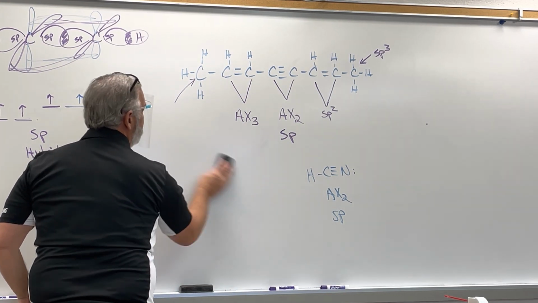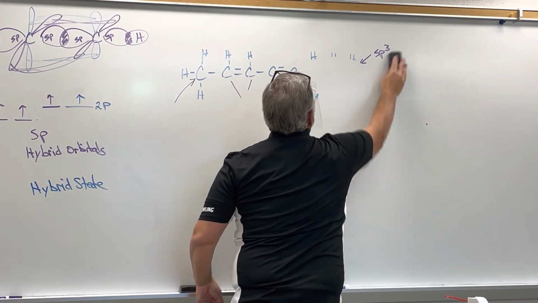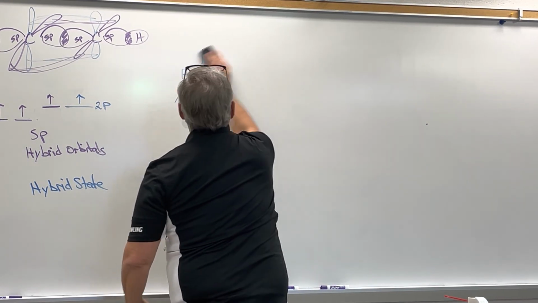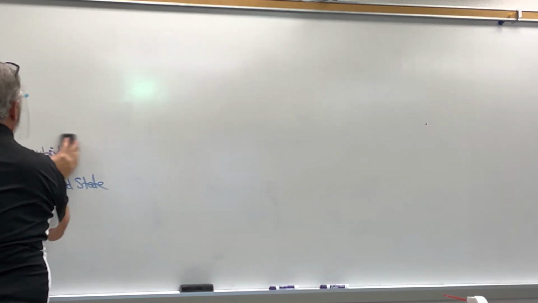If there's 3 things, it's sp2, and if there's 2 things, it's sp. We can then determine the shapes of our molecules based upon these AX formulas and how the electrons are going to repel and get the maximum distance apart.